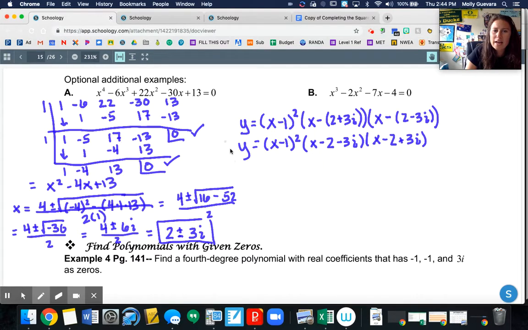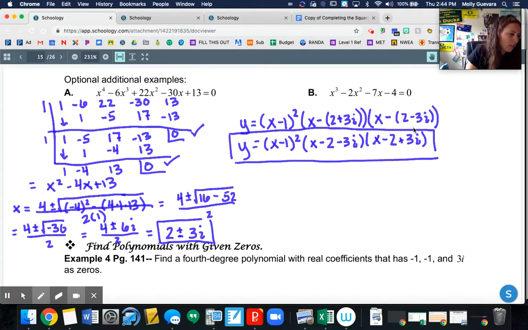And that is the product of linear factors. And again, if I add up my multiplicities, right, positive 1 has a multiplicity of 2, and then 2 plus 3i has a multiplicity of 1, and then 2 minus 3i has a multiplicity of 1. So again, if I add those up, I get 4.